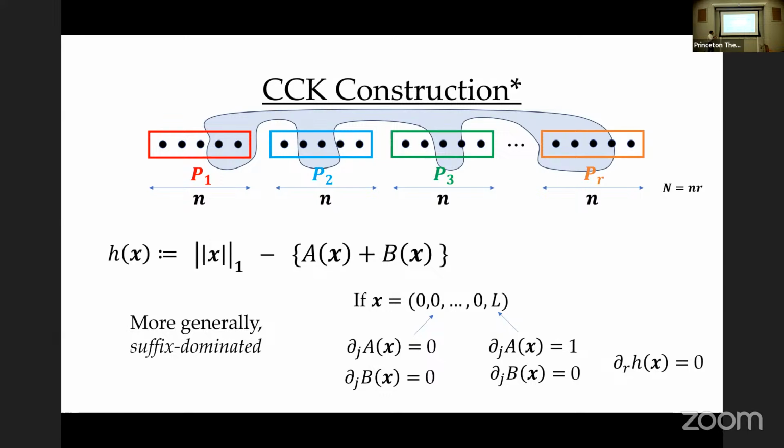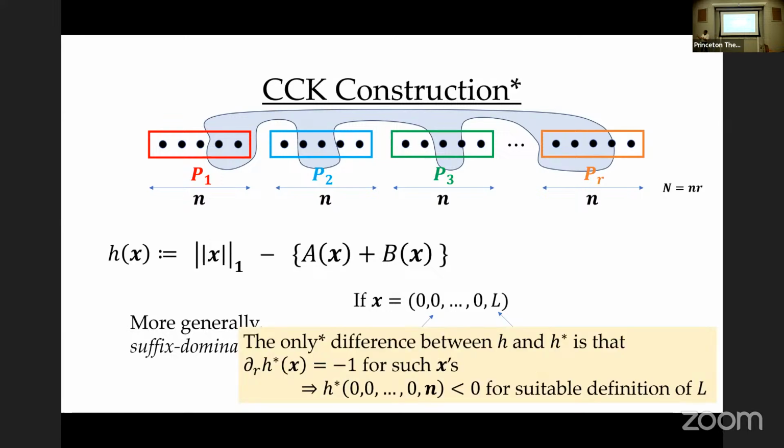I say this because the only difference between h and h star, remember the h star function has to be negative, is in that last part. That's the reason for this shift. In the last part, the h star function actually becomes negative after a certain point. If I picked nothing from here, I picked half the elements from here, the function kept increasing. H will plateau. H star after that will start getting negative.